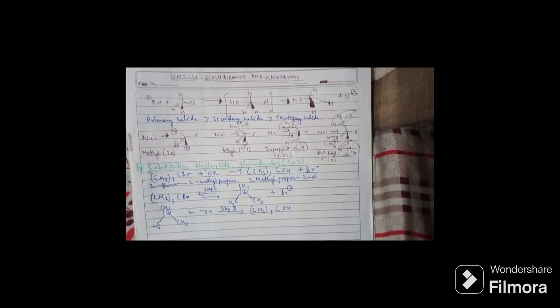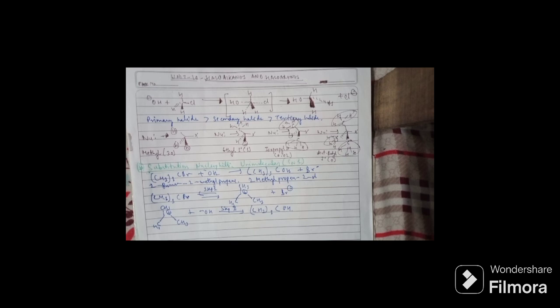Further, the greater the stability of the carbocation, the greater is the ease of its formation from alkyl halide, and the faster will be the rate of the reaction. The 3-degree alkyl halide undergoes SN1 reaction very fast because of the high stability of the 3-degree carbocation. We can sum up the order of reactivity of alkyl halides towards SN1 and SN2 reactions as follows.